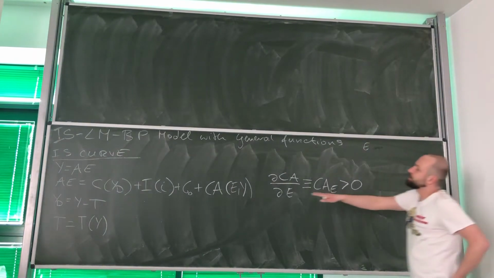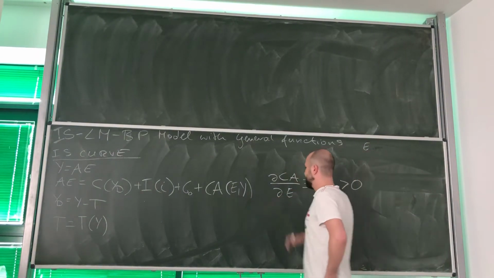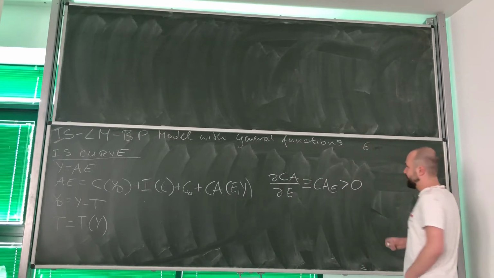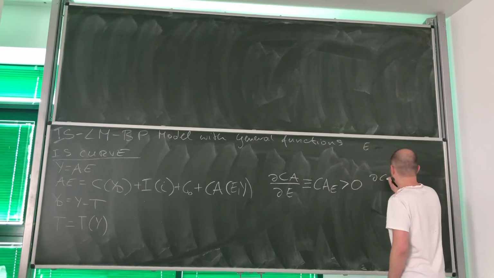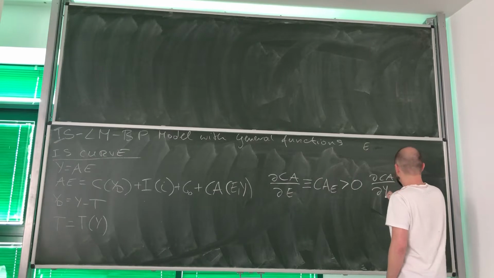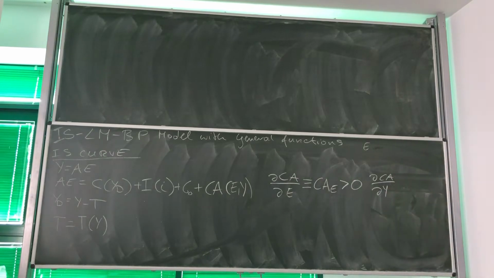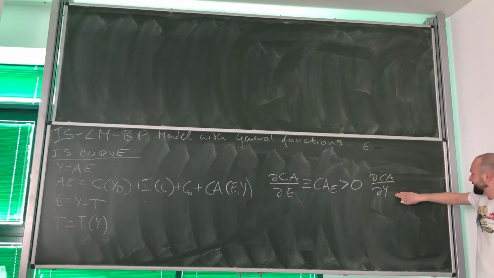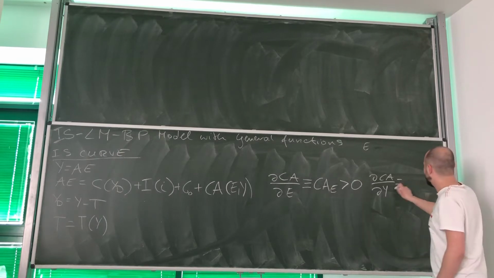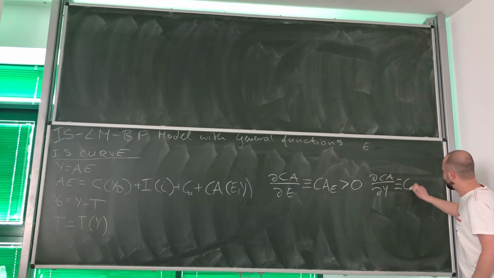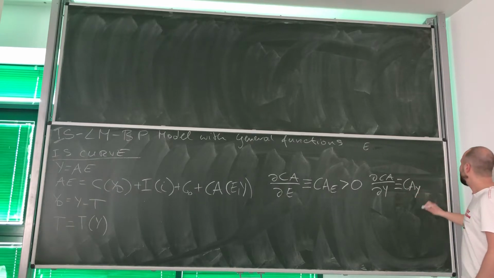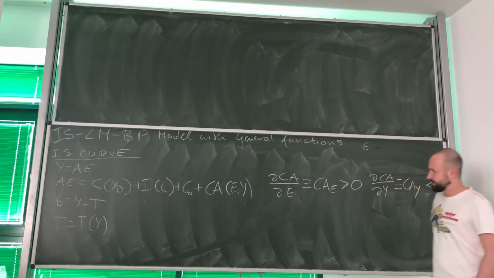Of course, the current account has a second determinant, which is GDP, so income. Now, here we're actually talking about MPI, marginal propensity to import. We're going to denote this as CAY, and we know that this must be lower than 0.